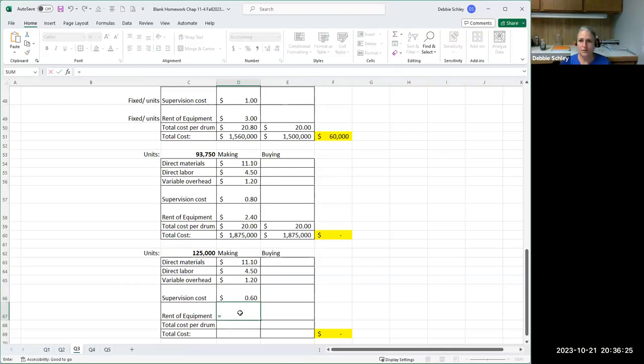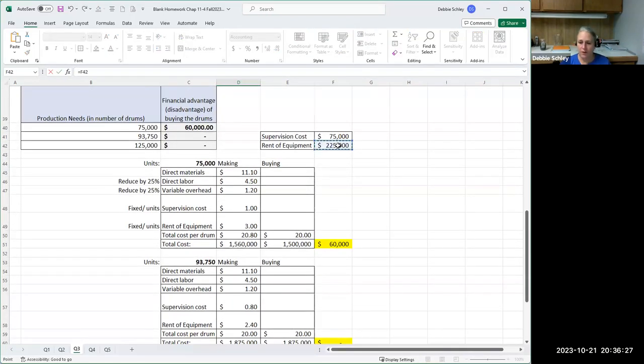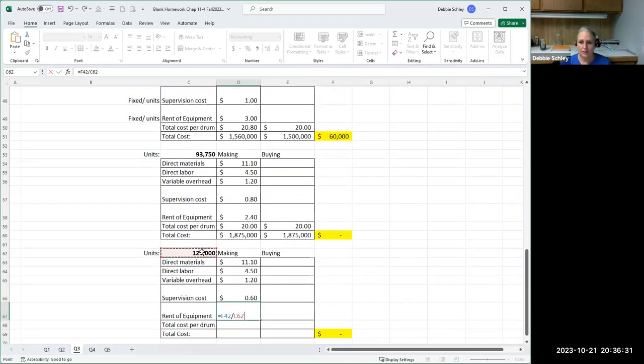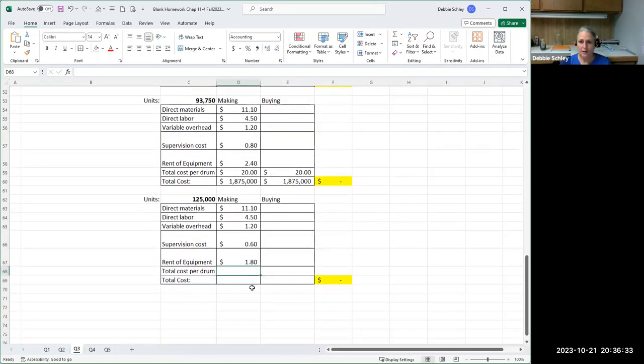And then this equals the rent of equipment divided by the number of units. And then I'm going to add those up. Whoops. I'm going to add those up.